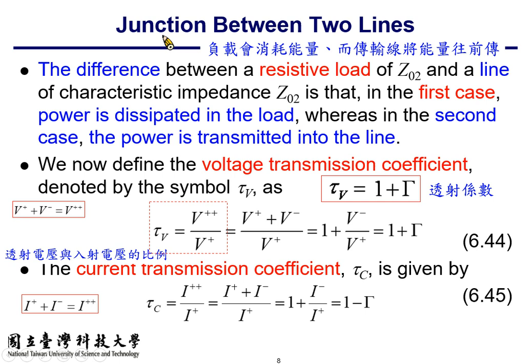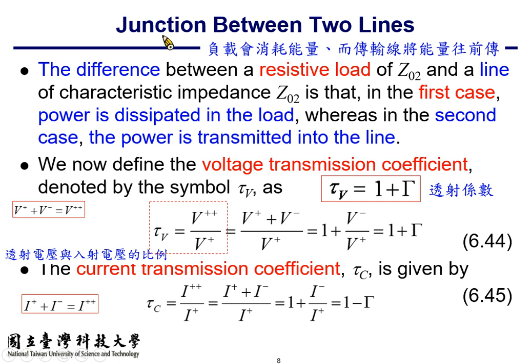And because for an actual transmission line to transmission line connection, some energy keeps on propagating along the line, we can also define a term that is the transmission coefficient. Intuitively, it should be defined as the ratio of V double plus over V plus, the ratio of the transmitted signal voltage over the incident signal voltage.